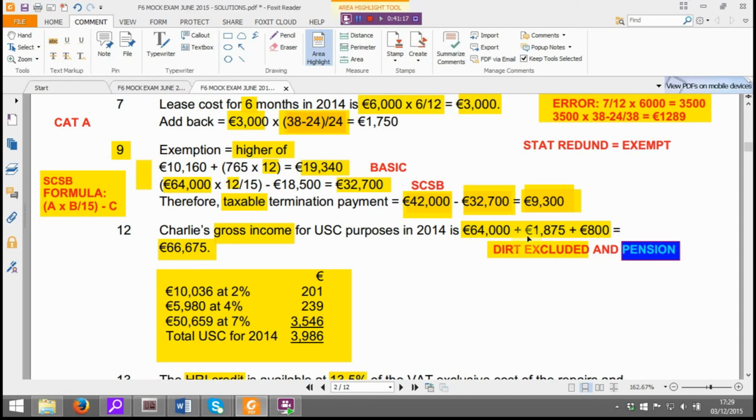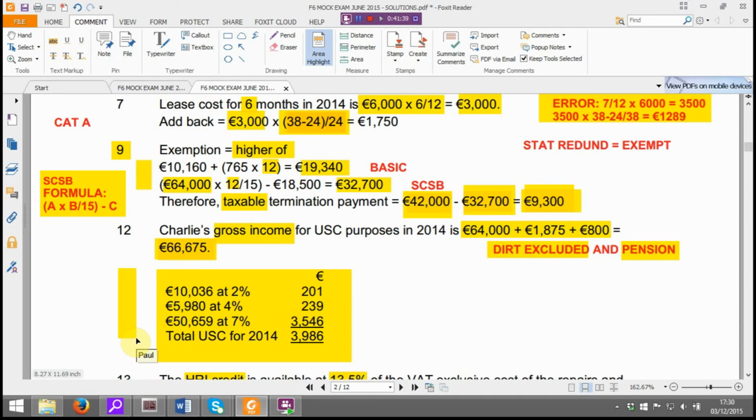So if we accept that that's the relevant figure, in other words, totaling up all those areas, amounts of income and excluding the DIRT income, then all we've got to do is apply the information in the tables. It's all shown there, all the percentages are in the tables. So again, I know I'm repeating myself, PRSI and USC, think tables.